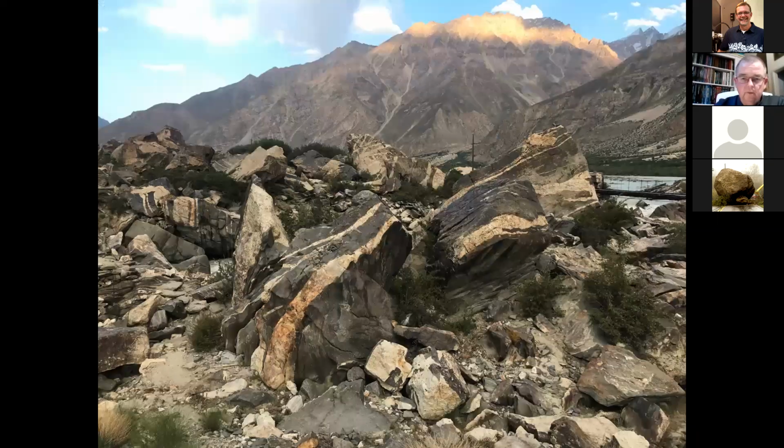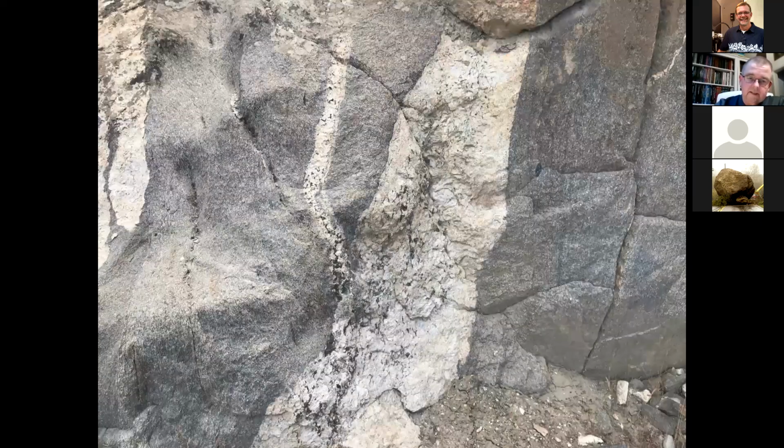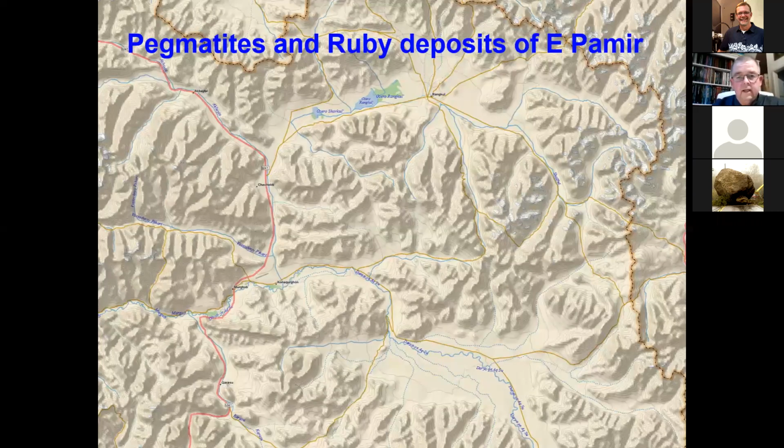And here are some local pegmatites. Of course, you have to spend a lot of time here to really study the place. We looked at some things in road cuts in the mountains. Now you can see here in the very north of this map is Rankul. My arrow is not showing very well. Down to the southwest, a little below the middle, is Murgab.